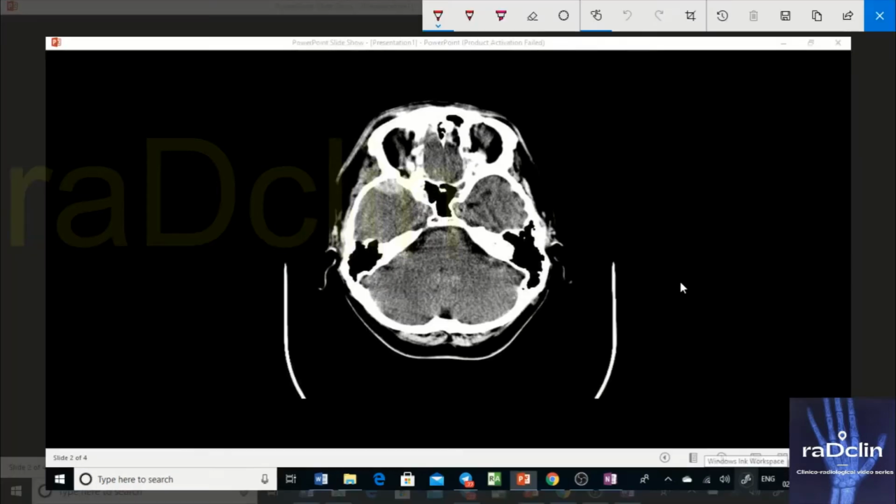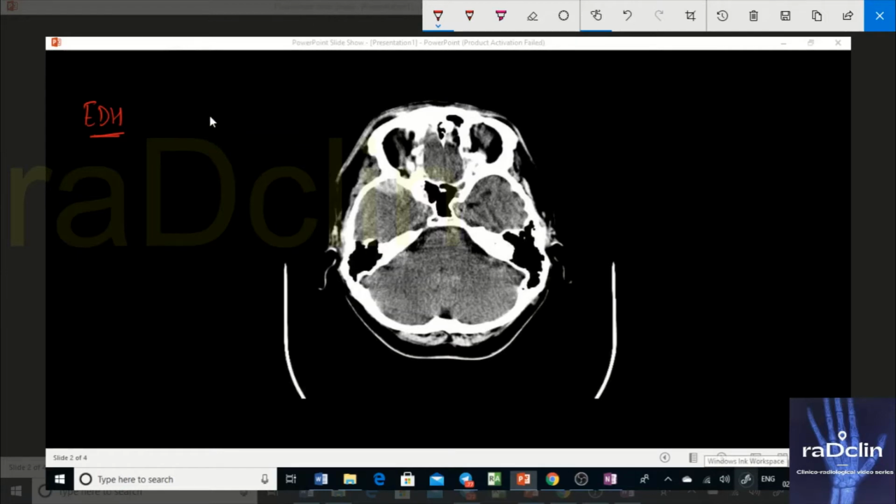But an important thing to be considered here is the location of this particular EDH. Now if I write a few points of a typical EDH: EDH is an epidural hematoma, that is, a hematoma outside the dura.